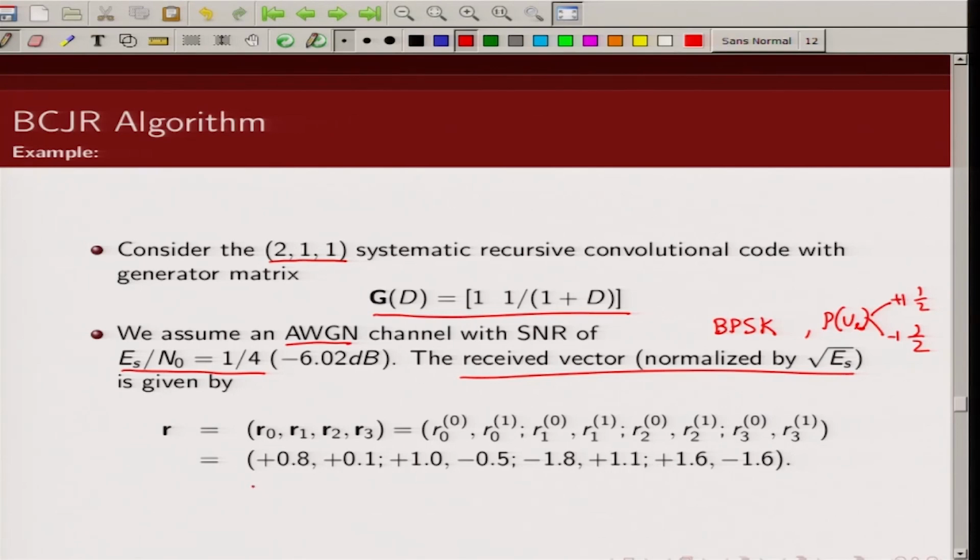So, what we are receiving is this particular sequence. The question I am interested in is, if the received sequence is this, I want to estimate what my information sequence was. To solve this problem, we need to compute the a posteriori L value.